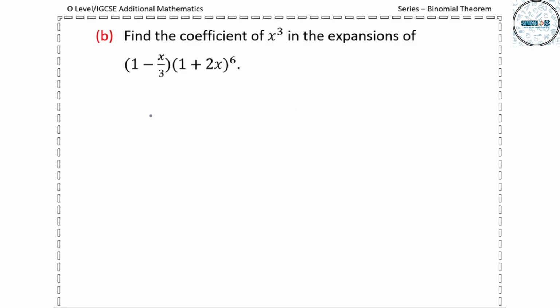Let's do part B. Find the coefficient of x cube in the expansion of 1 minus x upon 3 into 1 plus 2x with power 6. We have to find the coefficient of x cube. So first of all, we will write down the result of the expansion of 1 plus 2x with power 6, which we have already done in the previous part, which is 1 plus 12x plus 60x square plus 160x cube.